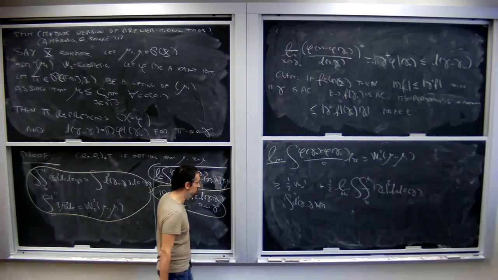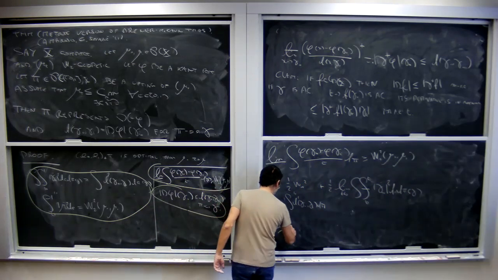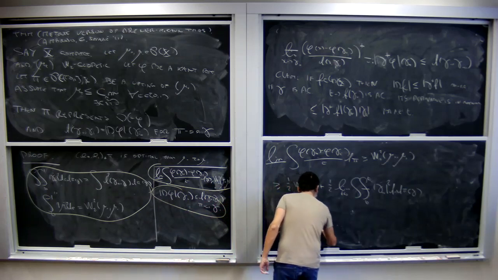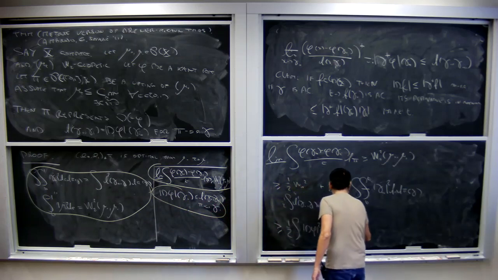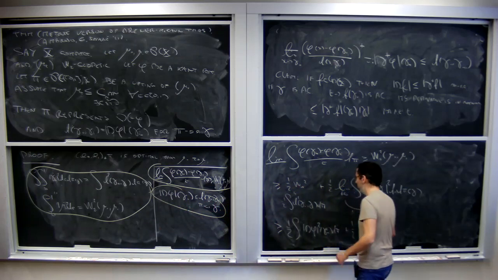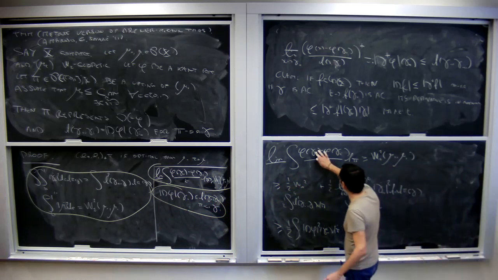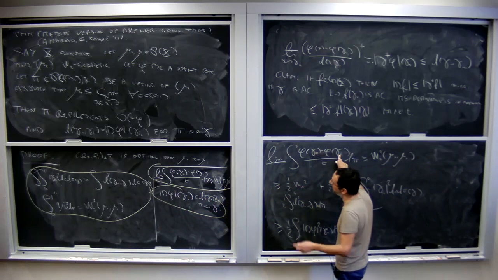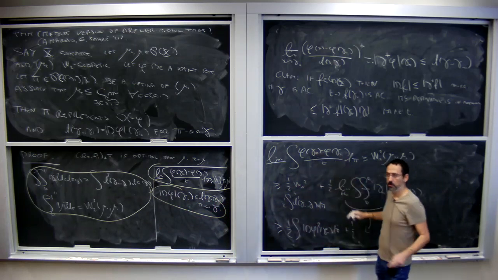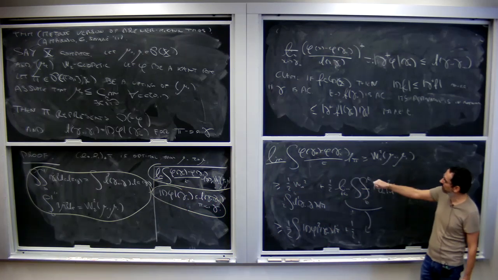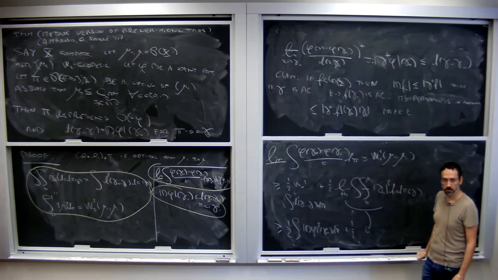But now I use this, and then I get that this is greater or equal than 1/2 the integral of the minimal weak upper gradient of phi squared at gamma 0 d pi plus 1/2 this lim sup, which is what is required by plans representing gradients. Given that here there is phi at gamma 0 minus phi at gamma t, it represents the gradient of minus phi. If you want, it is minus phi at gamma t minus phi at gamma 0.